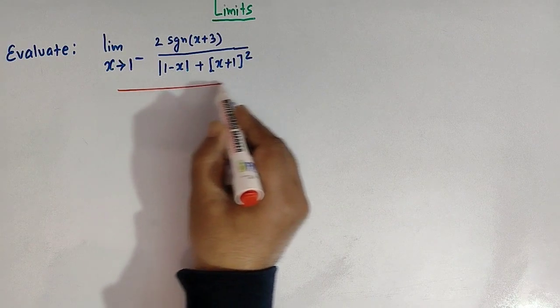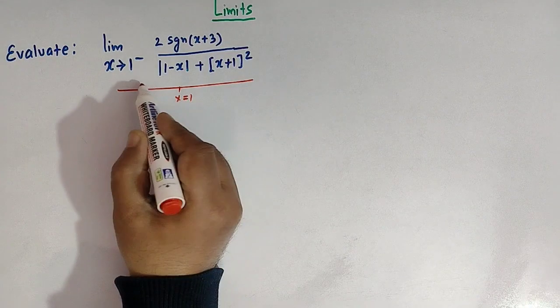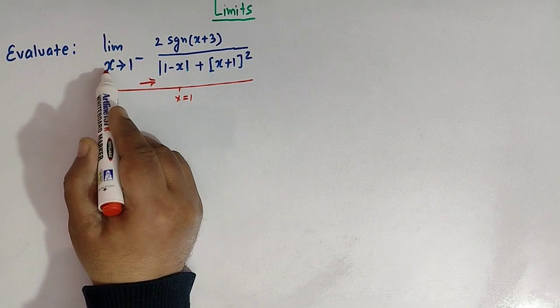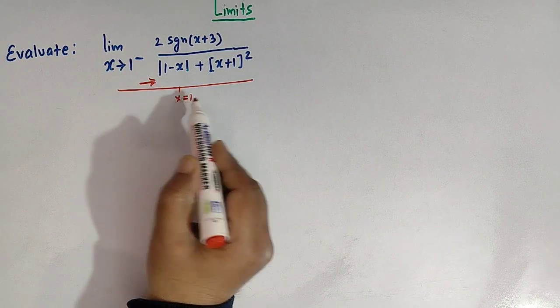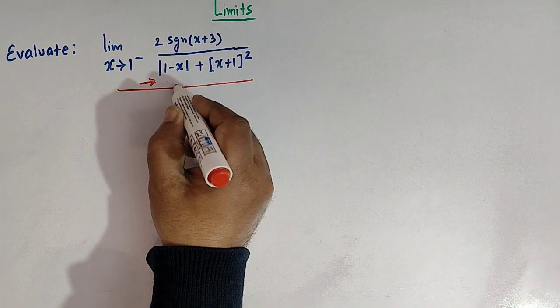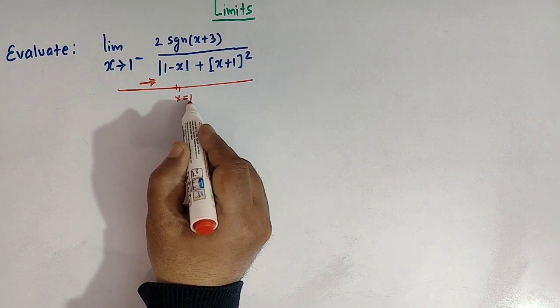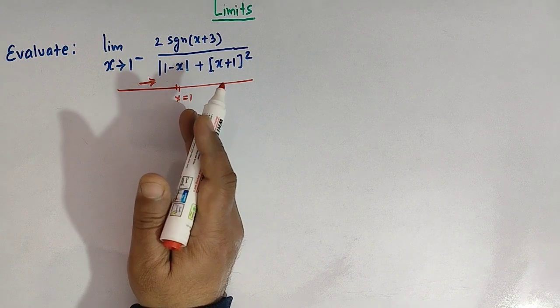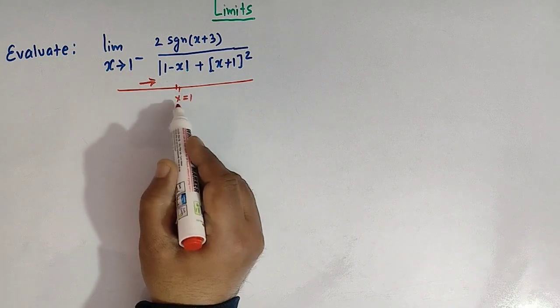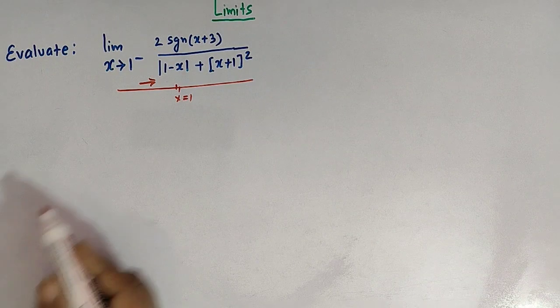So here we have x is equal to 1, and we have to approach towards x is equal to 1 from the left of x is equal to 1. So we'll take a point in the neighborhood of x is equal to 1, which lies towards the left of x is equal to 1 but very close to it.